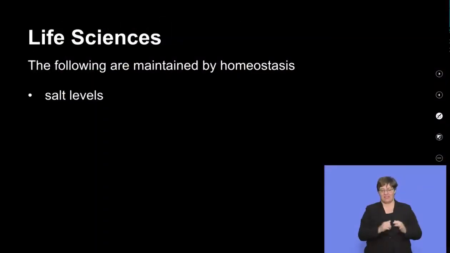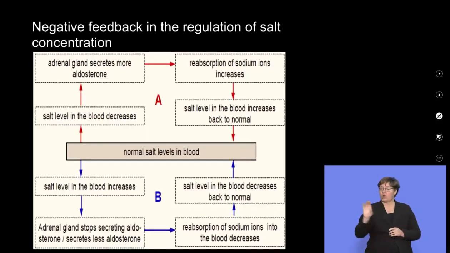Then we're looking at the salt, how the body maintains the salt. Then again, we're looking at what happens when the salt in the blood decreases. Then we see adrenal glands here secrete more aldosterone. Why more aldosterone?